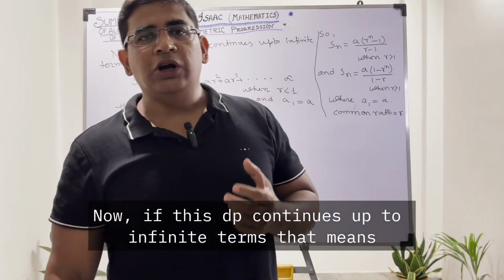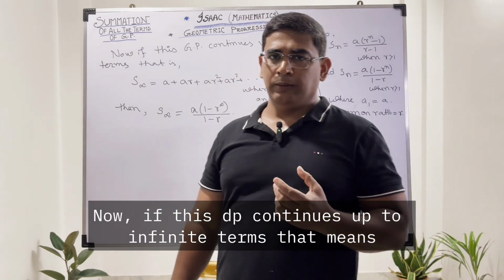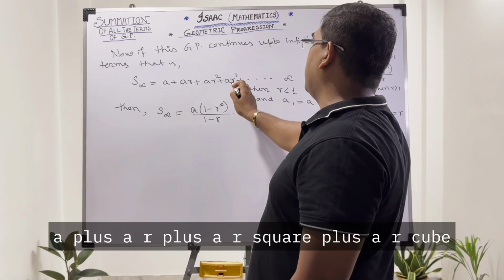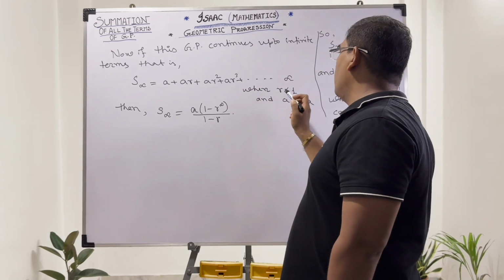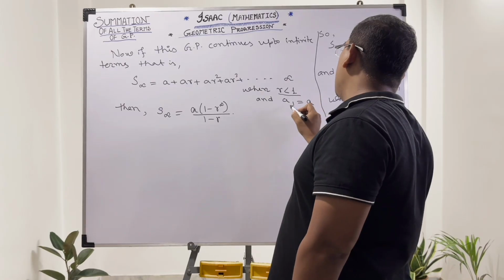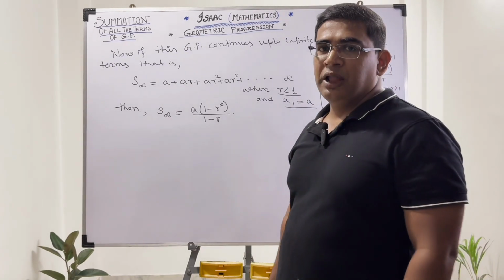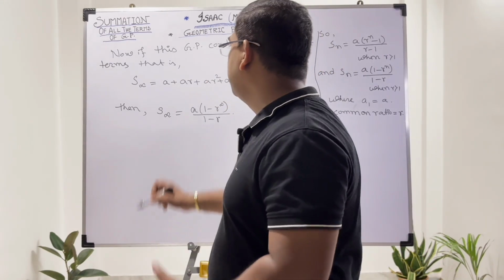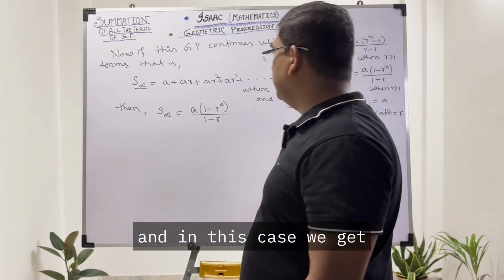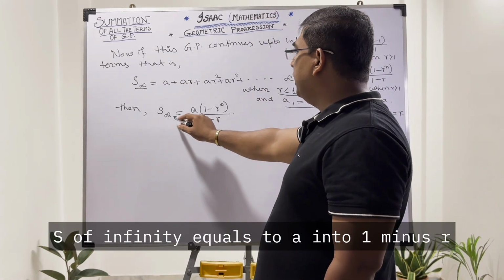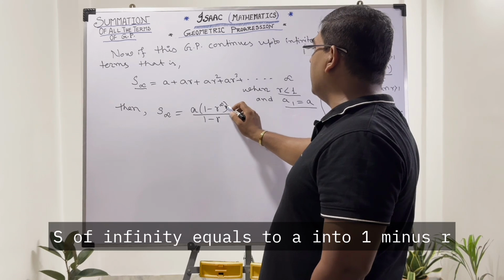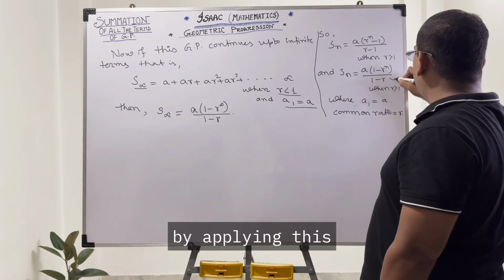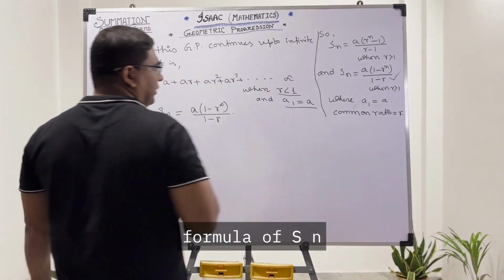Now, if this GP continues up to infinite terms, that means a plus ar square plus ar cube plus continuing up to infinity, where common ratio is lesser than 1 and first term is a, then we can represent the sum of all those terms by S infinity, and in this case we get S of infinity equals a into 1 minus r to the power infinity whole divided by 1 minus r, by applying this formula of Sn.